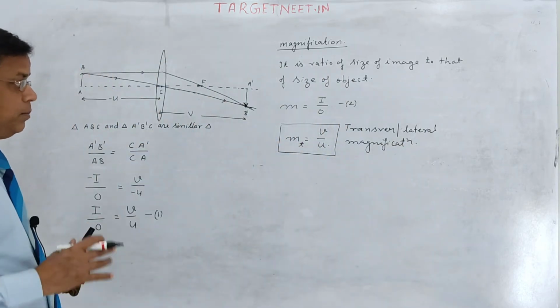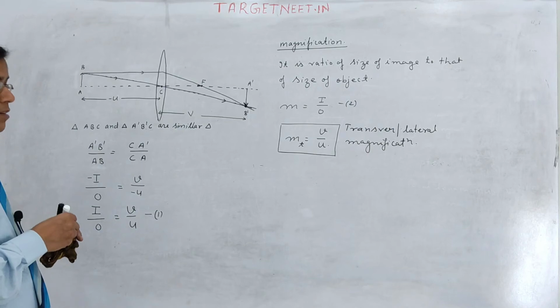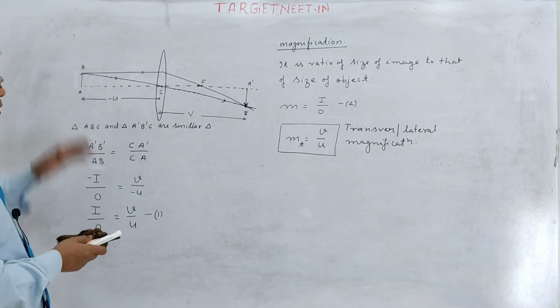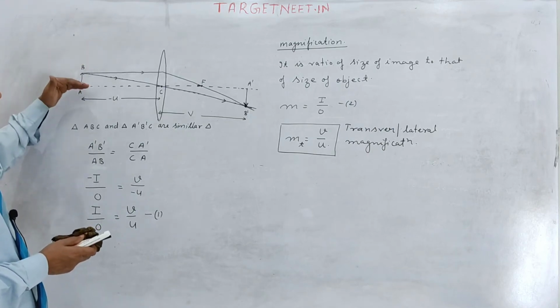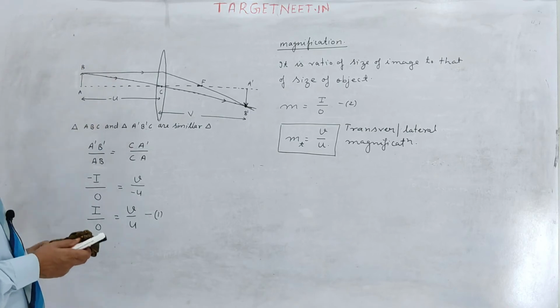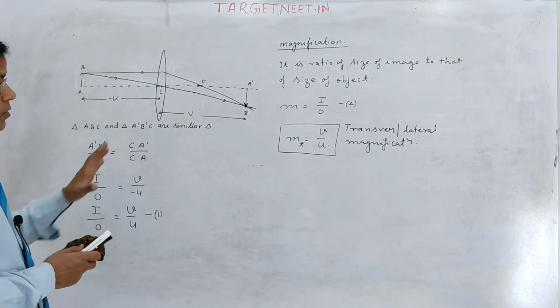In transverse or lateral magnification, we measure the length of image or length of object perpendicular to the principal axis, either above the principal axis or below the principal axis. So this is the formula for magnification.